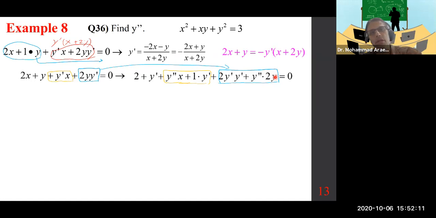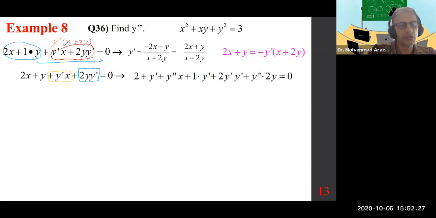So I showed you how that thing works. Let me erase this. I'm going to erase this, and all I'm going to do is just to do this, so you know which one is which. Now we put these two together because y double prime is in common.